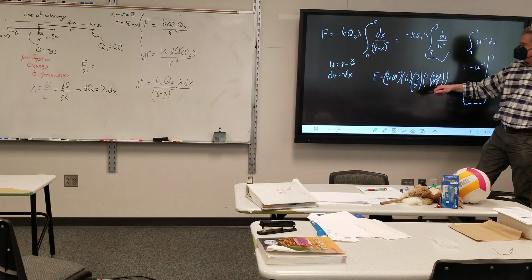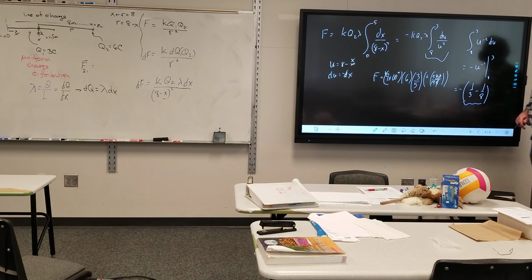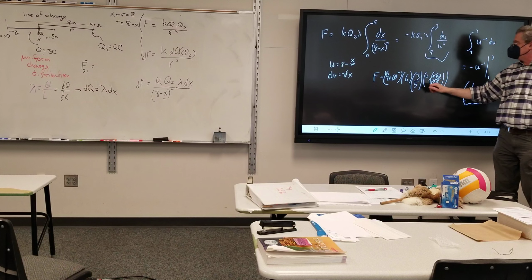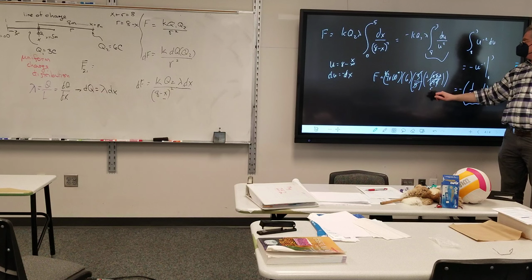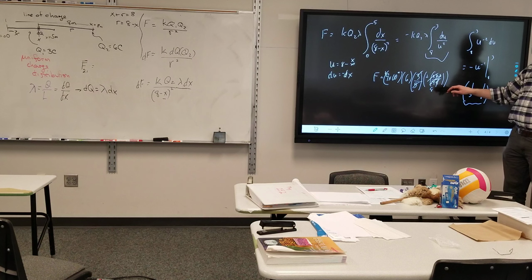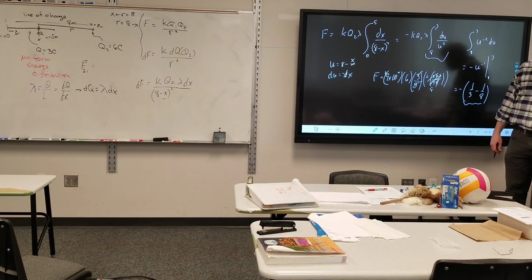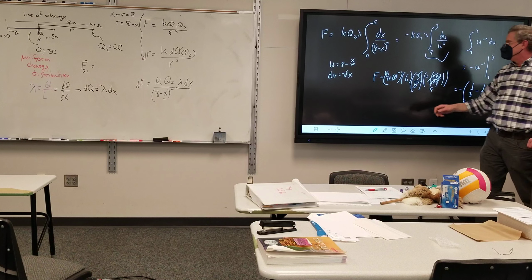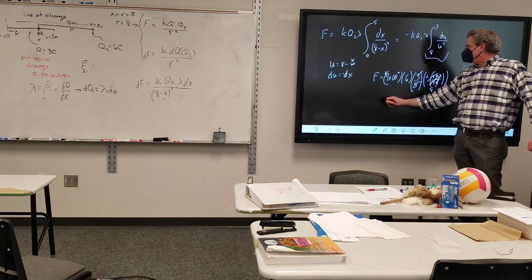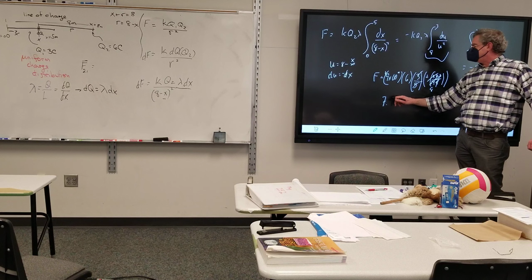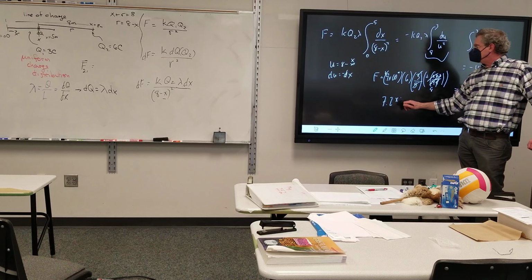My negatives cancel out. Not that that really matters a whole lot. And then we get some absolutely spectacular number. The 5 cancels out, 3 cancels out, leaving me an 8. So I got 3/4 of 9. Let's just say 7.2 times 10 to the 9th.